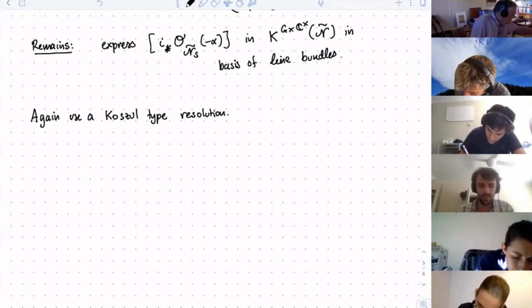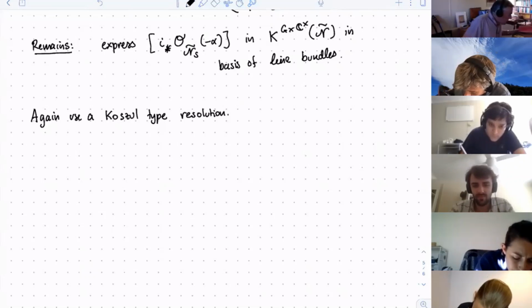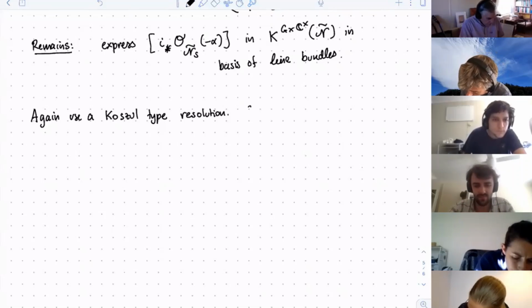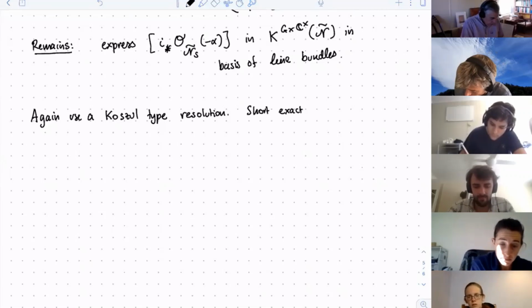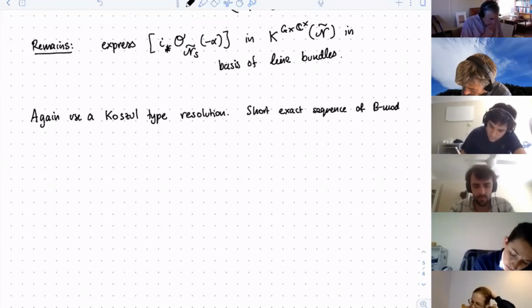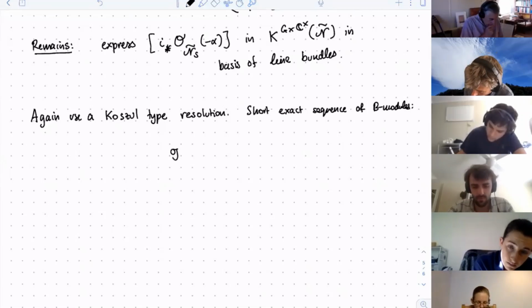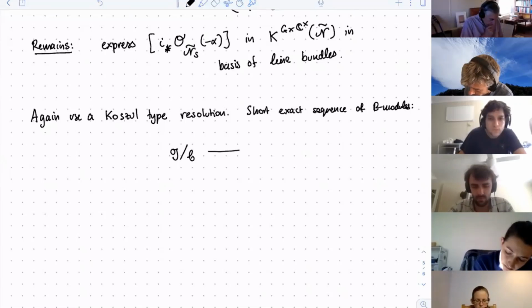So we fix, so we have a short exact sequence of B modules, where we have G mod B goes to G mod PS.